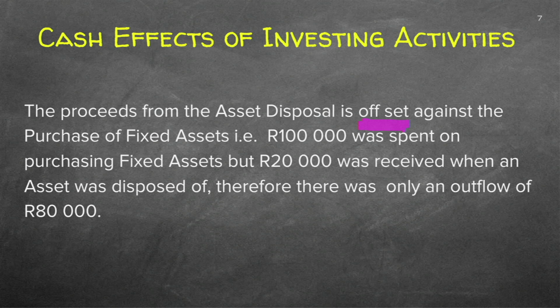The purchase of fixed assets was 100,000 Rand. So 100,000 Rand flowed out of the business. However, 20,000 Rand, which came from the asset I sold, flowed into the business. So in actual fact, only 80,000 Rand flowed out of the business.